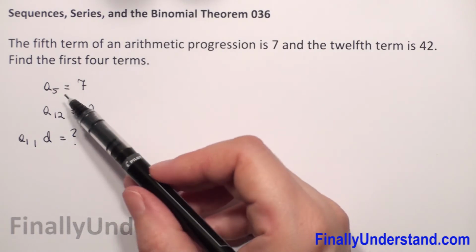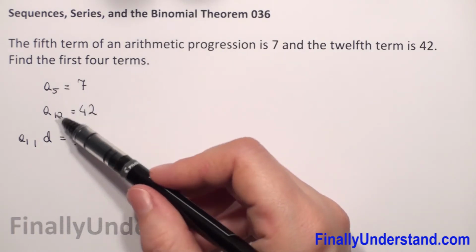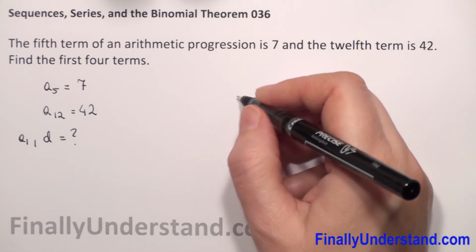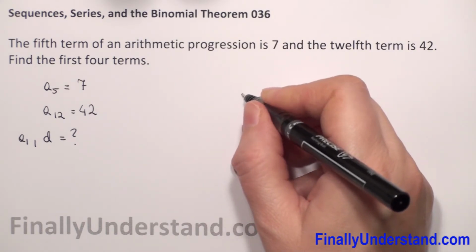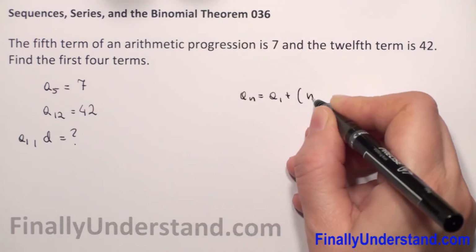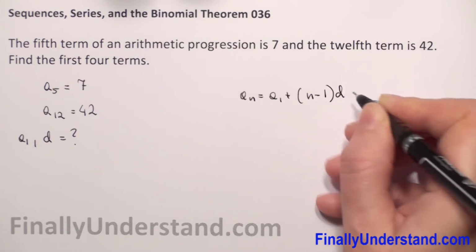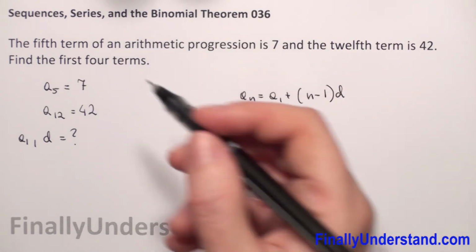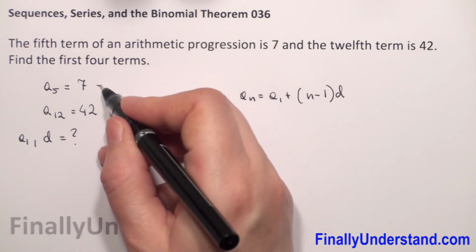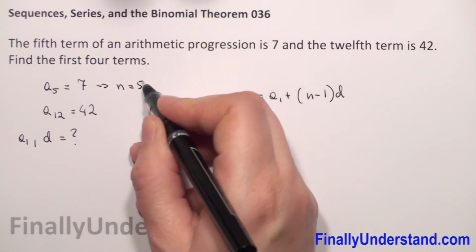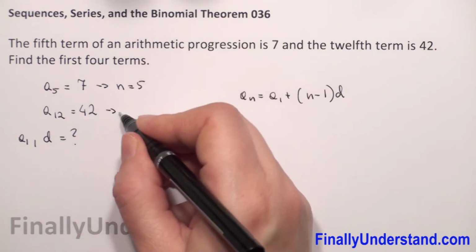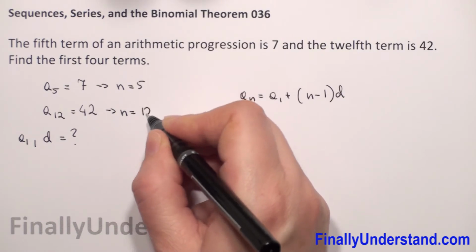Because we are given A5 and A12, we can use the formula for the nth term of an arithmetic progression: An is equal to A1 plus n minus 1 times d. For the fifth term, n is equal to 5, and for A12, n is equal to 12.